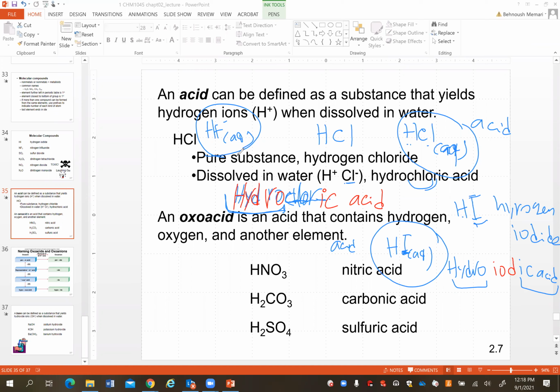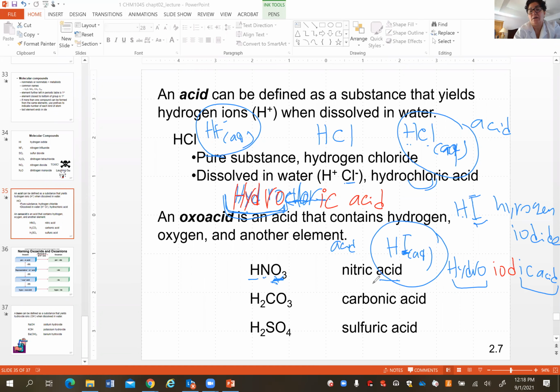You're welcome. So if the acid has oxygen, there is no hydro. You don't bring hydro. It's understood, it's an acid. If you say acid, that means there is a hydrogen here. That's the difference between an acid that has oxygen or no oxygen. If it has no oxygen, you would say hydro. If it has oxygen, you don't say hydro.